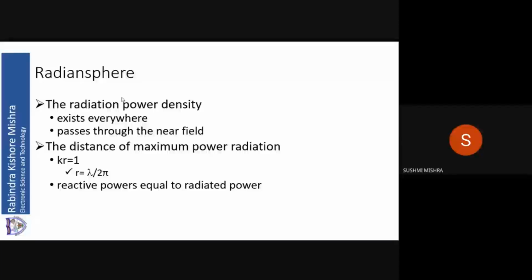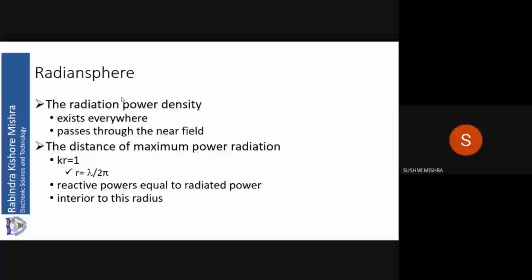So their contributions become the same. So this is the point. Kr equal to 1 is the point where all of them are contributing equally. If I come below that point, which means if my R is less than that, then I get reactive powers. But at Kr equal to 1, my reactive power is equal to the radiative power.